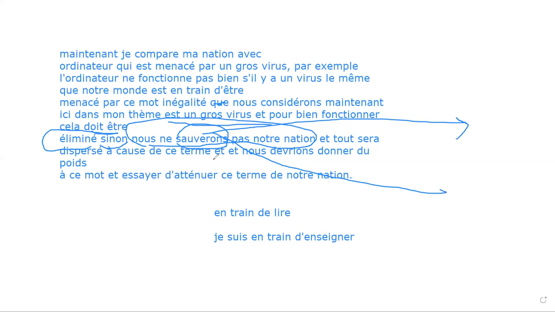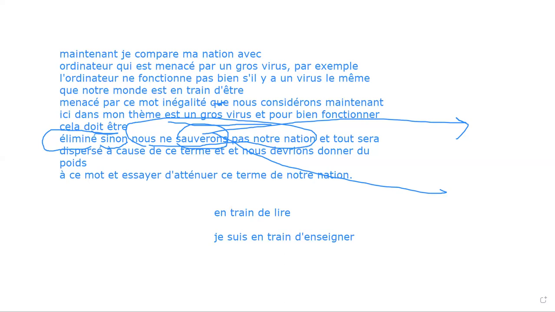Et nous devrions donner du poids à ce mot et essayer d'atténuer ce terme de notre nation. Is it clear to you, my team? Otherwise, we will not save our nation and everything will be scattered because of this term.